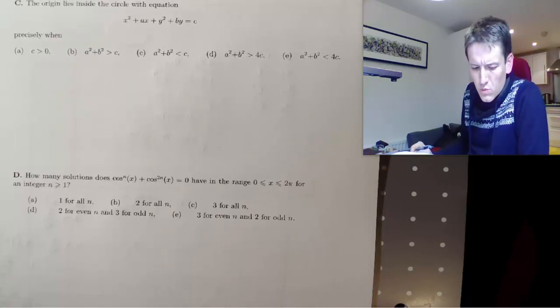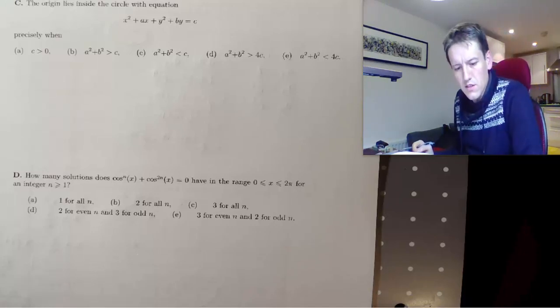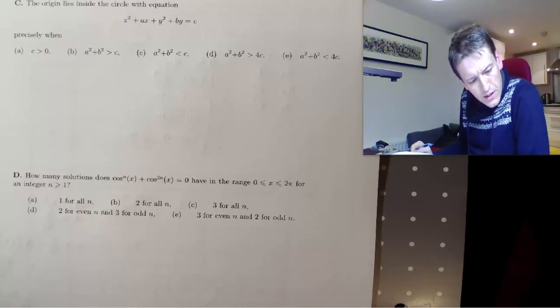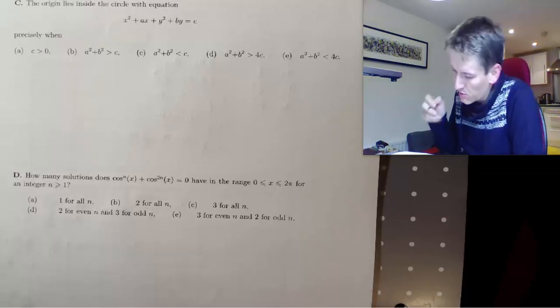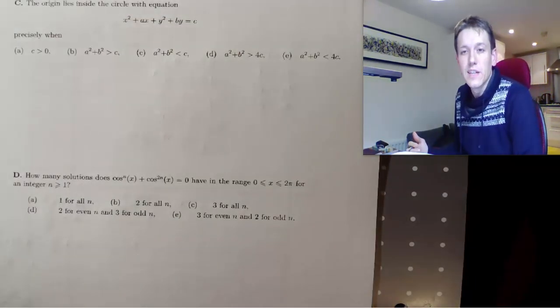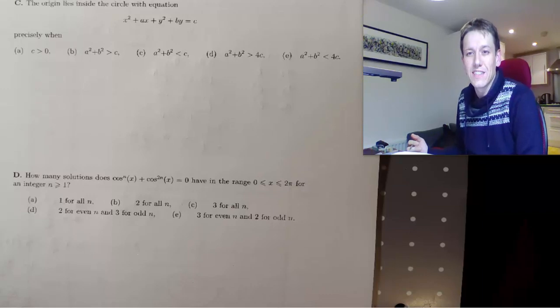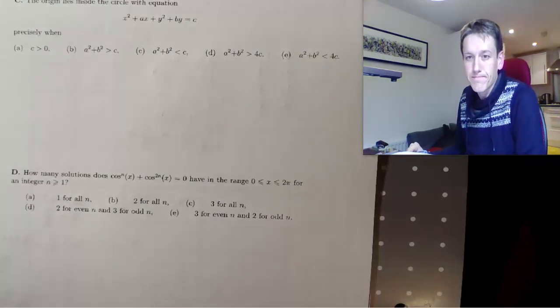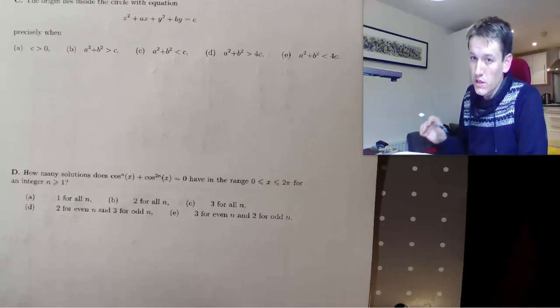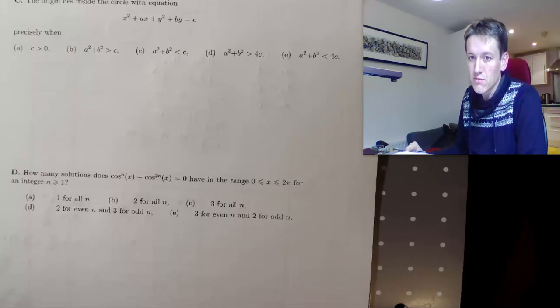So when is the origin inside of this circle? Well, I think you should have studied circles at AS Maths. That is required for this paper, and hopefully you'll have an instinct here, which is to complete the square in both x and y to give the form of the circle, so that it's written where we can see its center and its radius clearly.